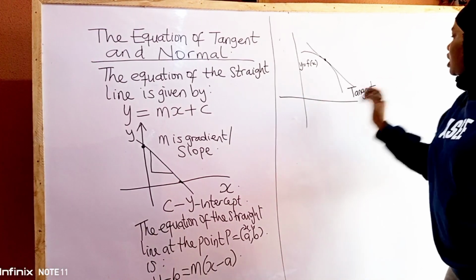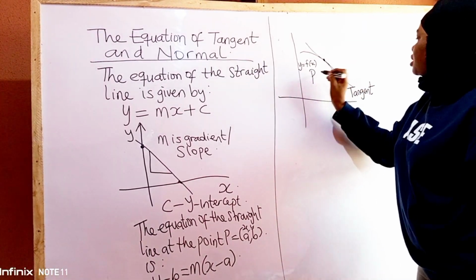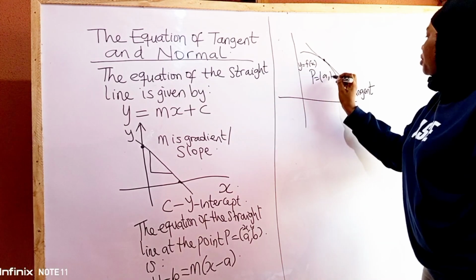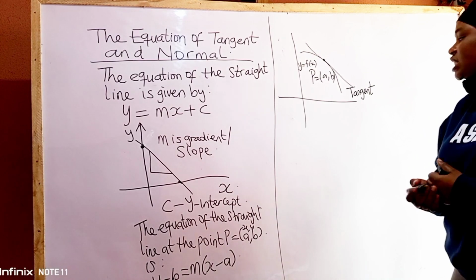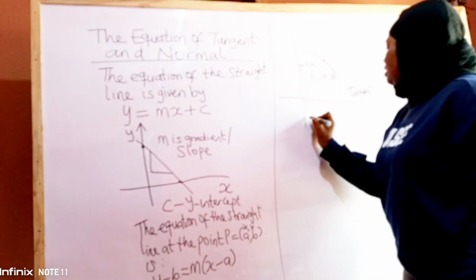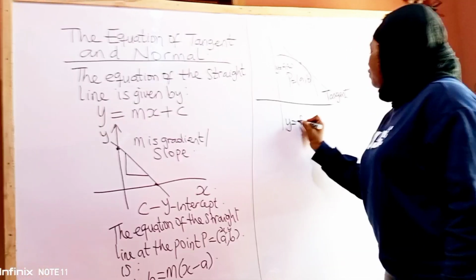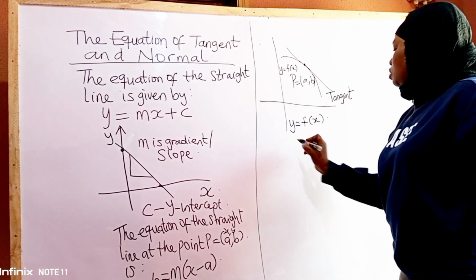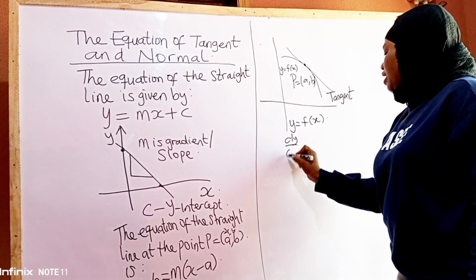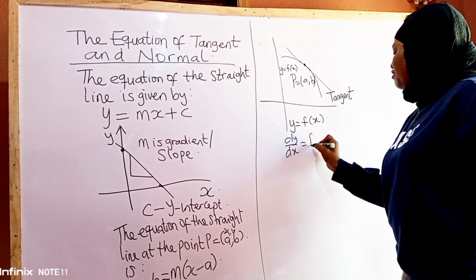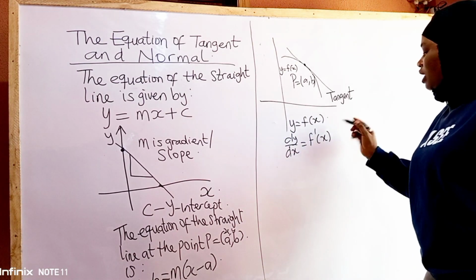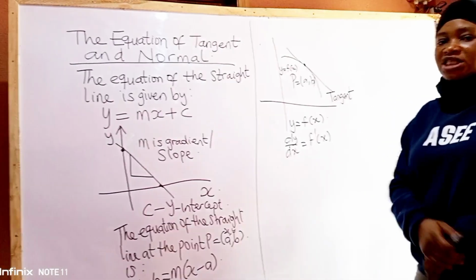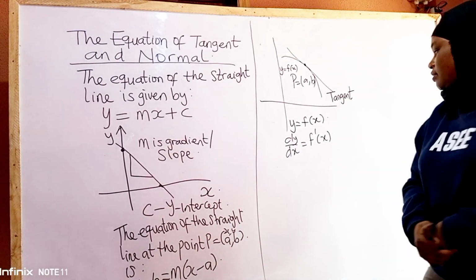So the point here will still be (a, b). To find the equation of the tangent, you need to find the derivative of this f(x). So dy/dx will be equal to f prime of x, and it is still your gradient here, change in y over change in x.